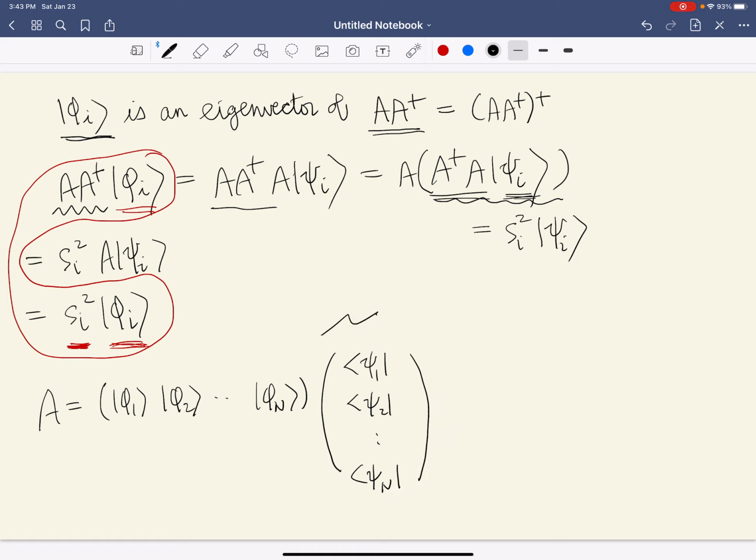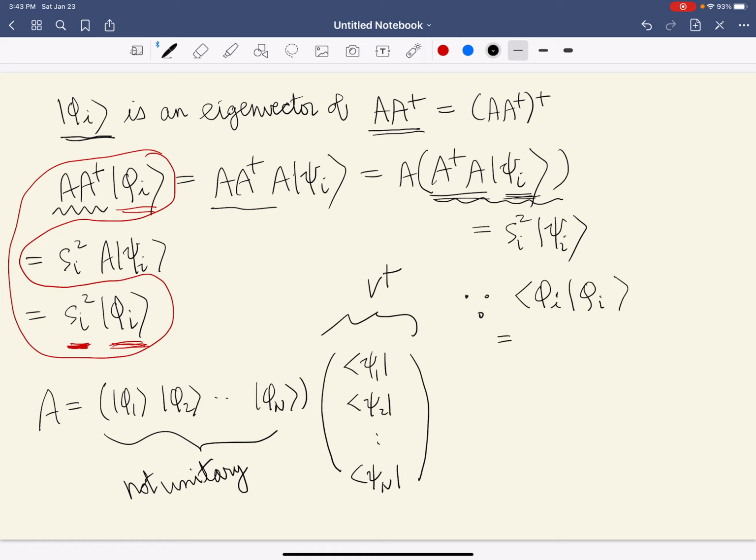And this part was a unitary matrix, but unfortunately this part is not unitary. The reason is that these eigenstates are not normalized.